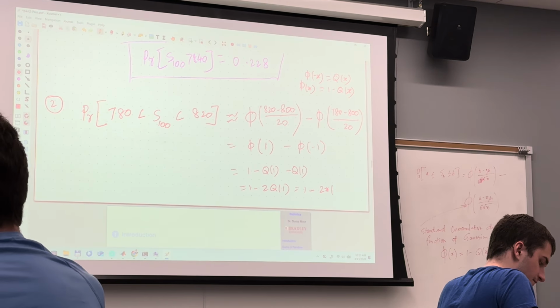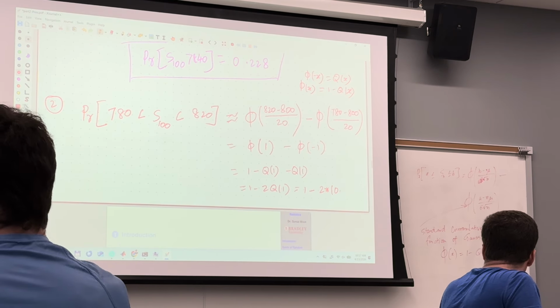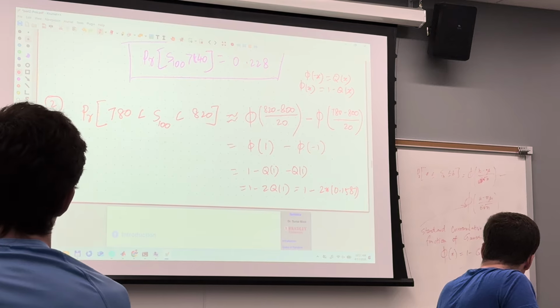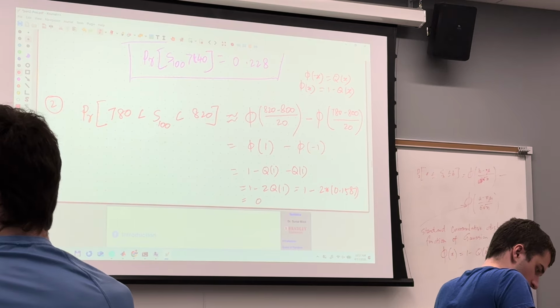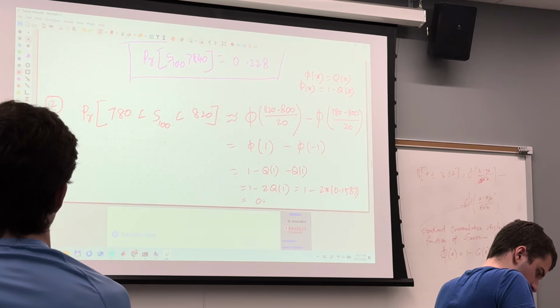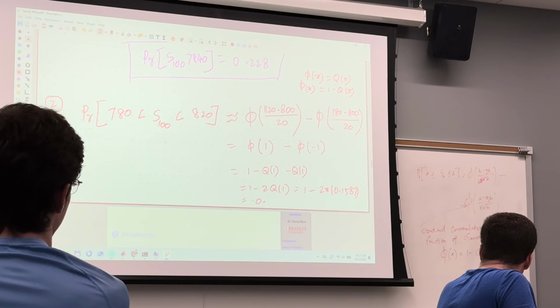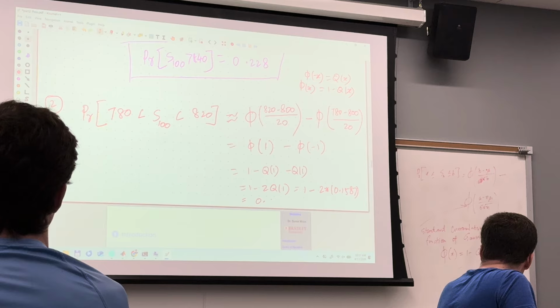So 1 minus 2 times 0.1587 would give you approximately 0.6826.